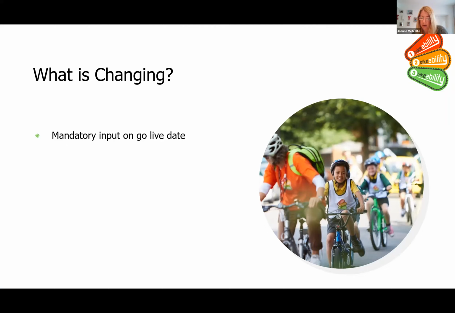And on the go live date, there will be a requirement on Link when recording your delivery to input rider characteristics. I'll come on to Link and what it looks like at the moment and what we can anticipate will change for that. So we'll come on to that later, but that's what is going to be changing in terms of Link.